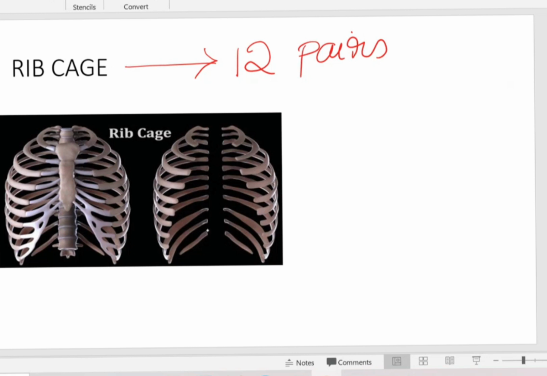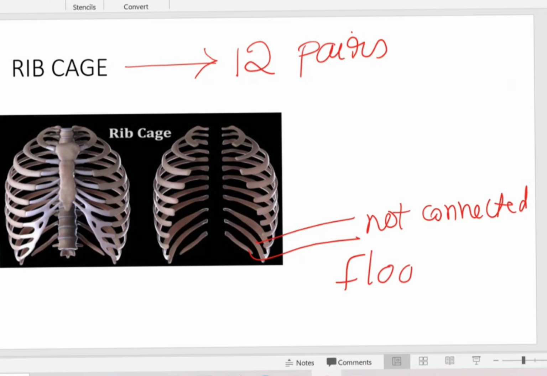And the last two pairs, you can see here this one and this one. These are not connected to the sternum. These are called floating ribs. So the first 10 pairs are not floating.